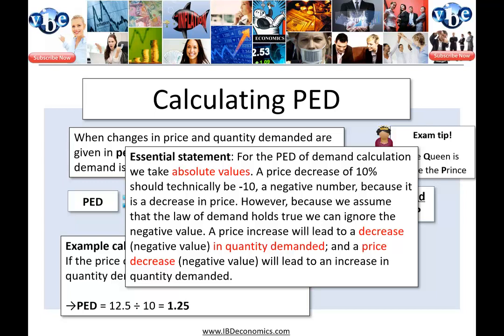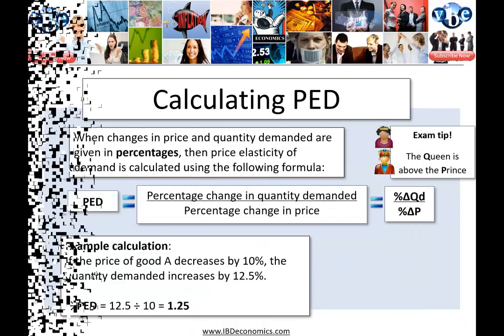A price increase will lead to a decrease, a negative value, in quantity demanded, and a price decrease, negative value, will lead to an increase in quantity demanded. So the end result will always give us a negative number. We just forget about it, and we term that taking the absolute value. We chop the negative sign off.